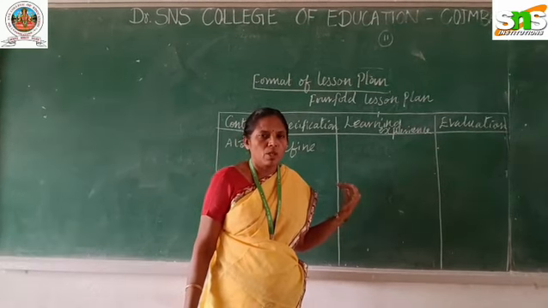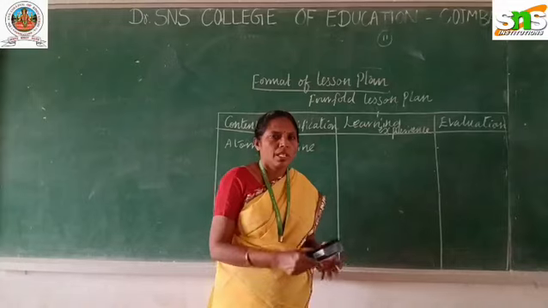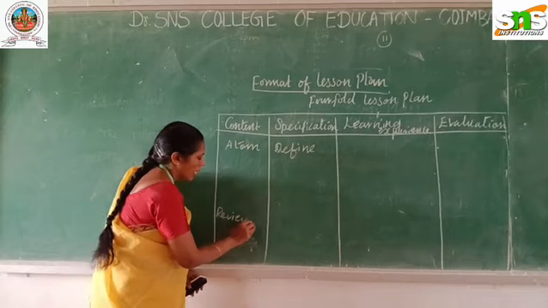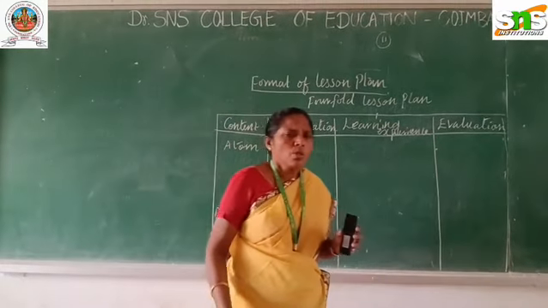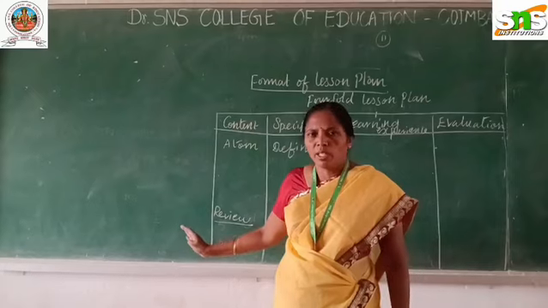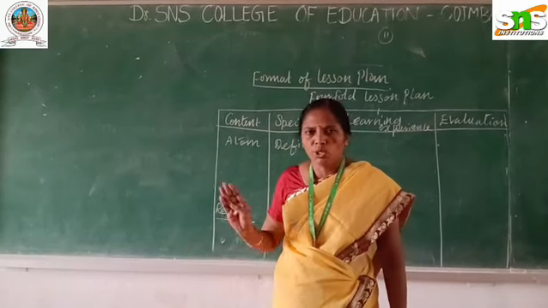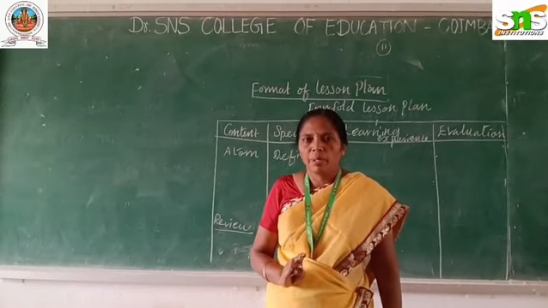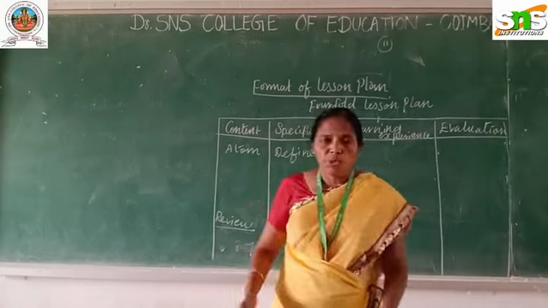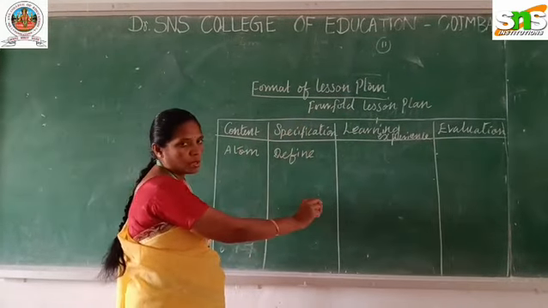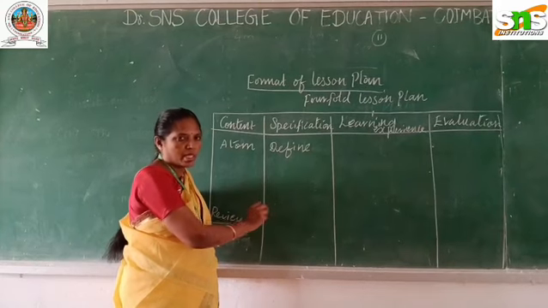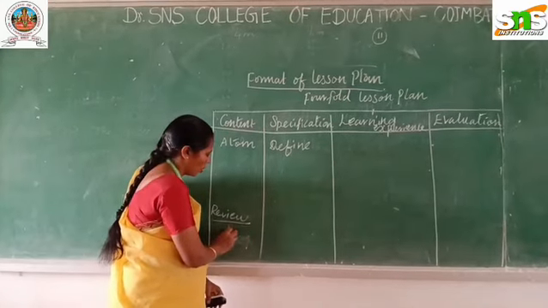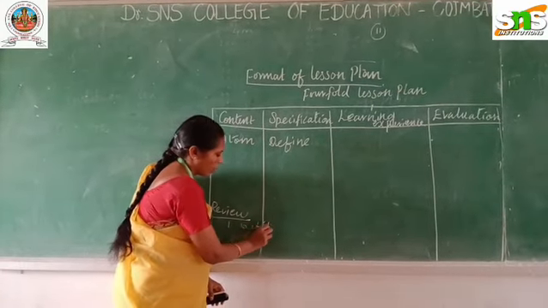The next column is recapitulation, or you can say review. It is the consolidation of the main points you have taken in a particular period. Here you can write in sentence form or in the form of a question, such as define atom or definition of atom.